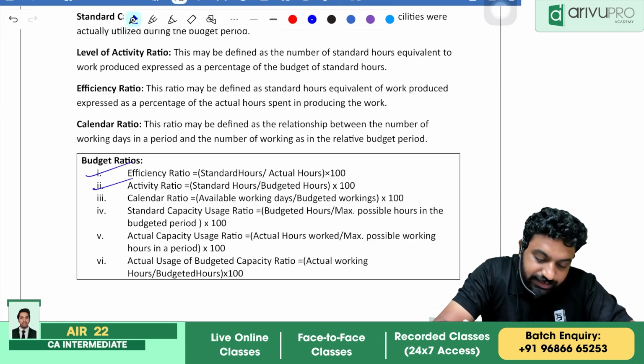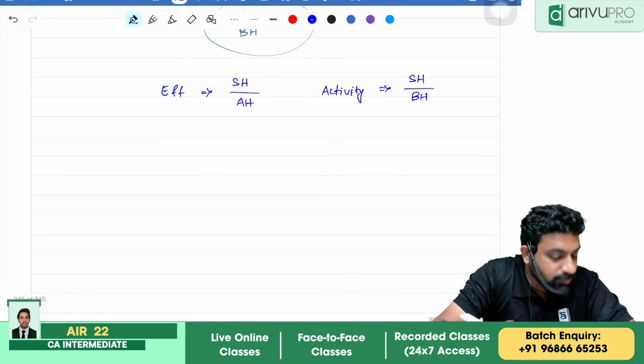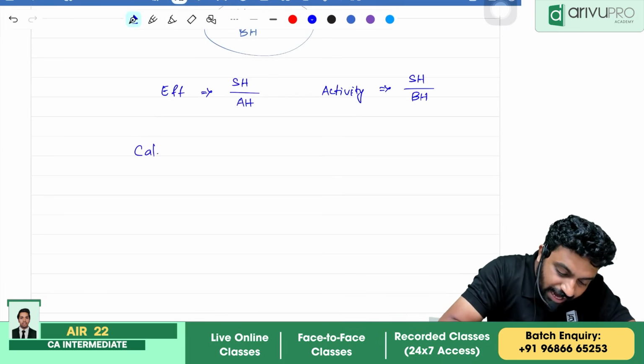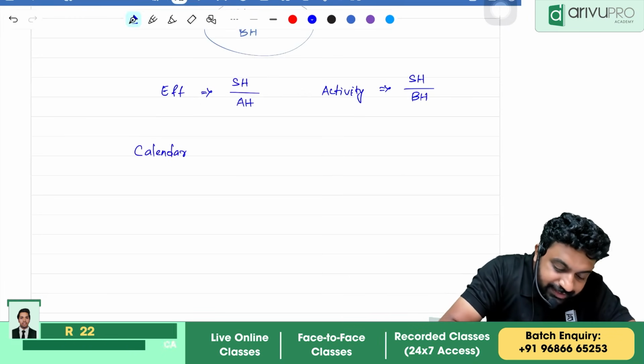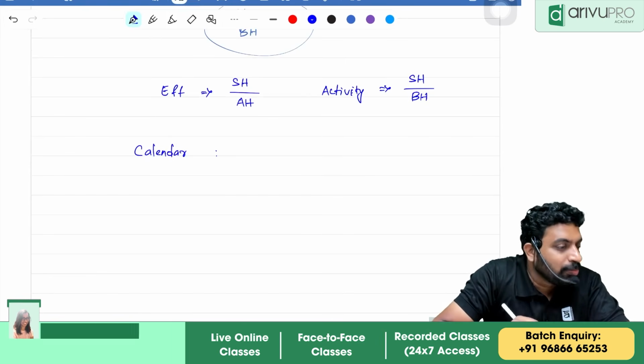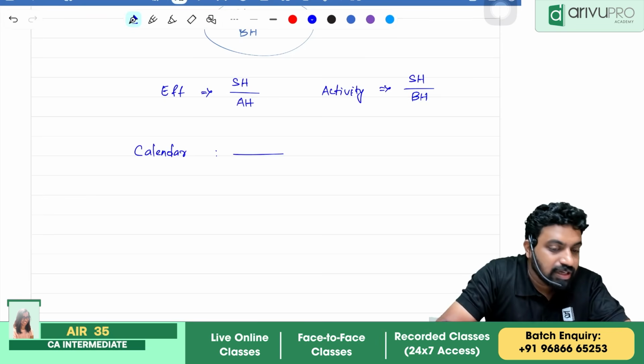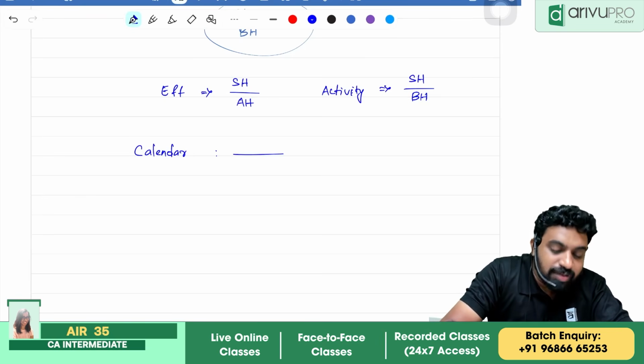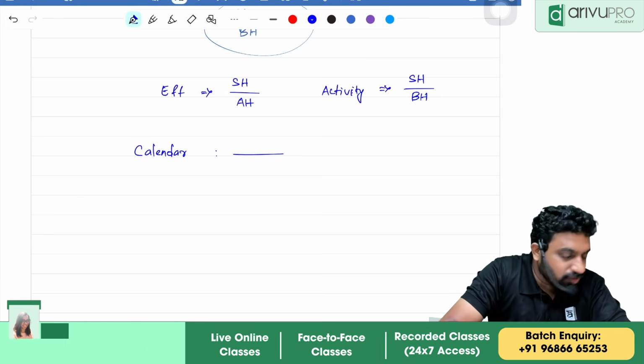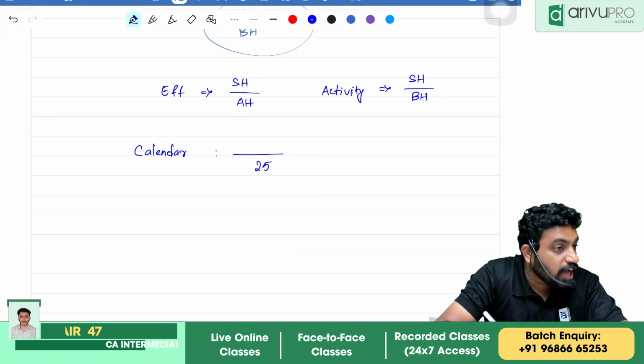Next ratio is your calendar ratio. Generally, we plan to work for how many days? In the recent standard costing question that we solved, the number of days available for work was 25 days, normal.